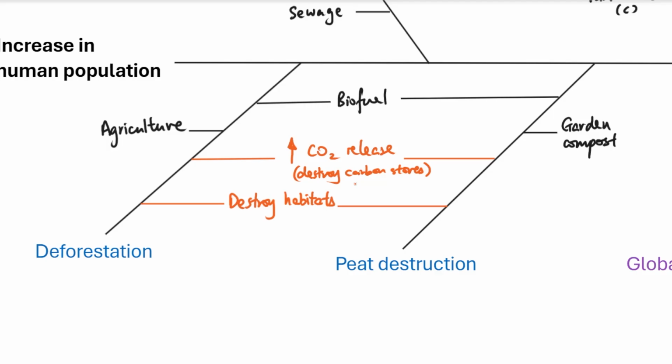So by destroying the peat bogs, I'm destroying their habitat. These organisms will die before we can discover them, which means that we're losing potential sources of food and medicine. So you can see, by taking resources from the environment through these two methods, we are contributing to all of these issues in the decreasing biodiversity.